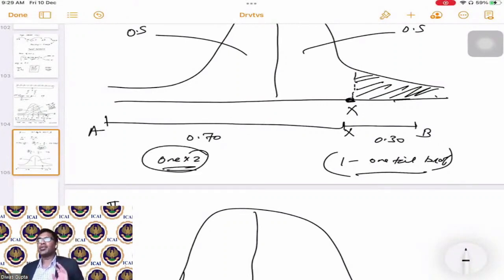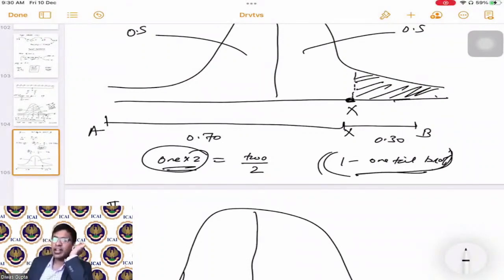Once you are given two tail probability, that means one tail multiplied by 2. In this case, what you have to do is divide the two tail by 2, you will come to one tail, and then you have to do 1 minus one tail. That's all. We will cover that in questions also. From there, I will explain it again, but I'm just giving you the logic now since we are covering the normal distribution now.